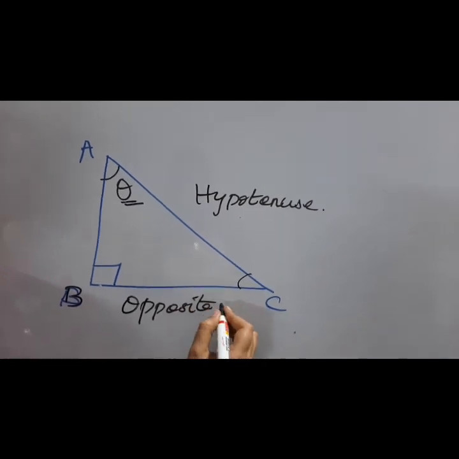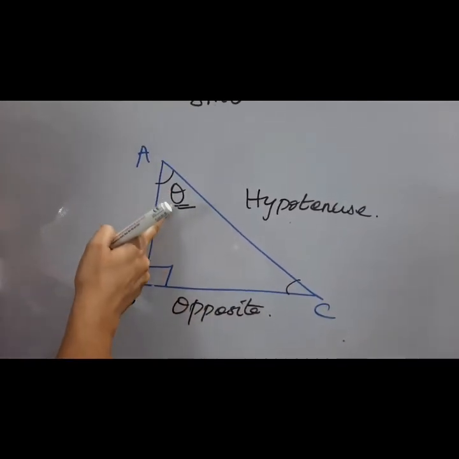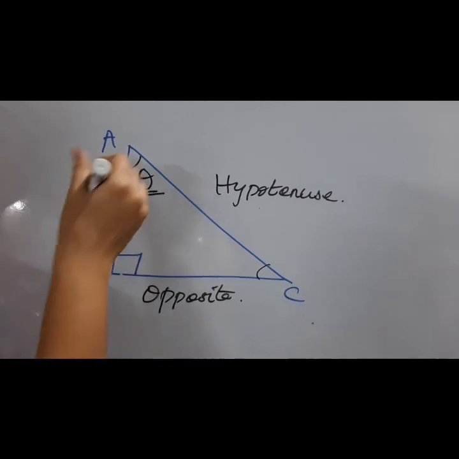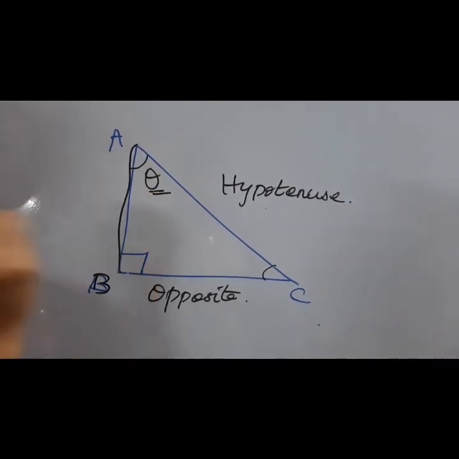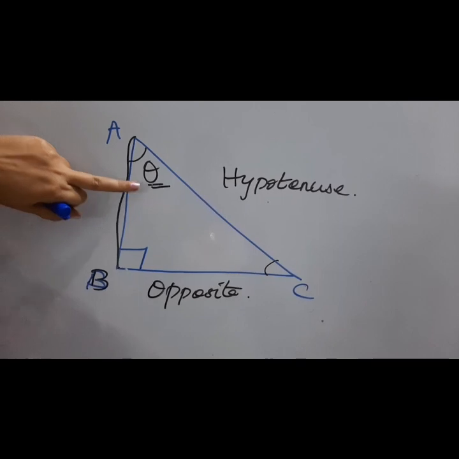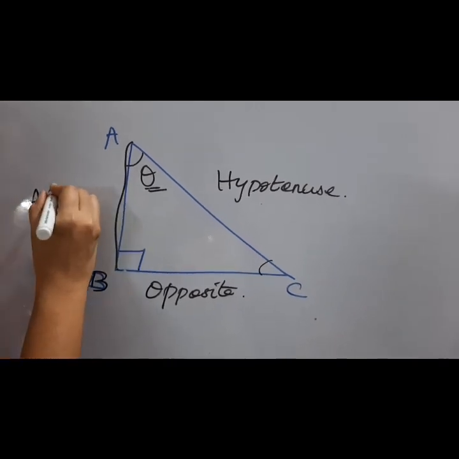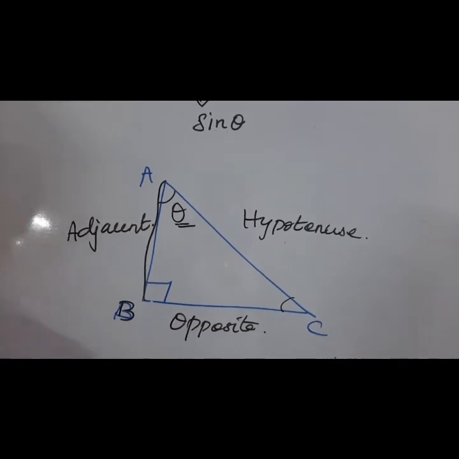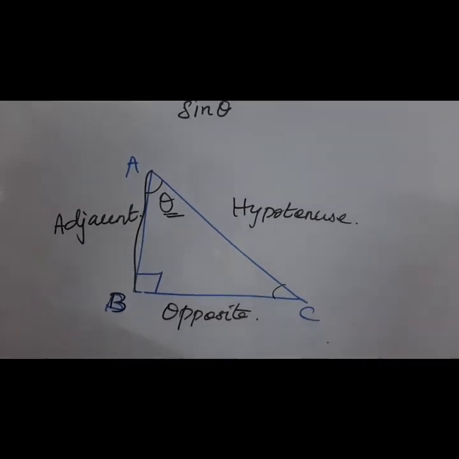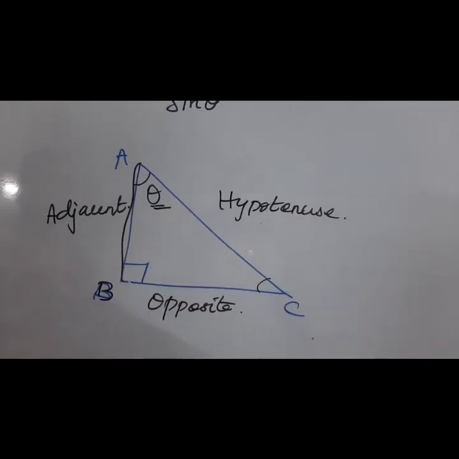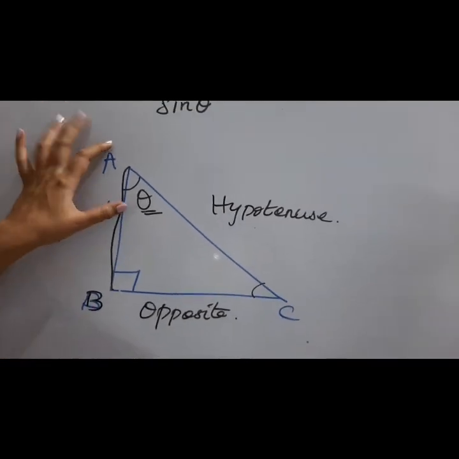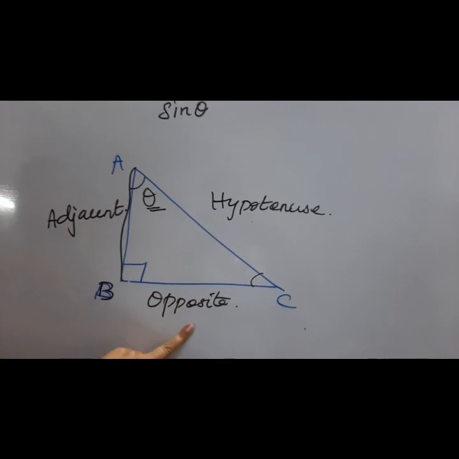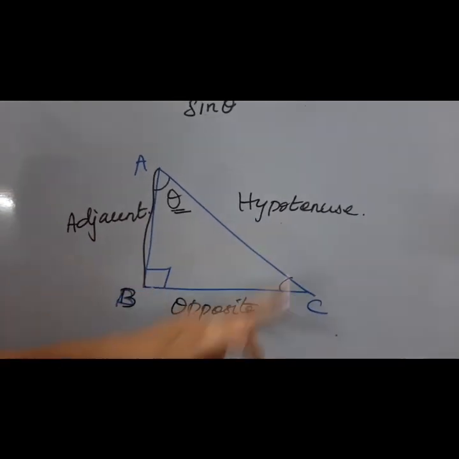So the side BC is the opposite side for angle theta, which in turn we can say is angle A. And the side which includes the angle A, which is our theta, is the adjacent side. So every trigonometric ratio is defined with respect to the sides. Before that, we need to find out which angle is included in the question, and with respect to the angle we need to find which is the opposite side and adjacent side.